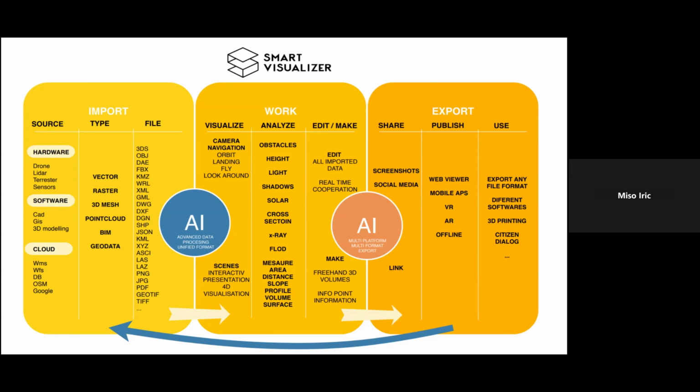It can be software where some architect is, for example, creating a 3D model and then exporting it as a file format, or by connecting cloud solutions such as WMS, WFS databases, OpenStreetMap or Google Maps, and so on. Data can be imported in different types such as vector, raster, 3D mesh, point cloud, BIM, or other types of geodata. And today we have the possibility to import 65 different file formats.